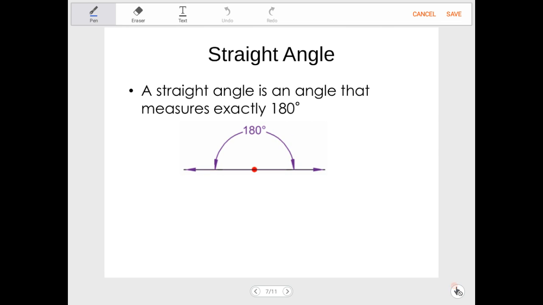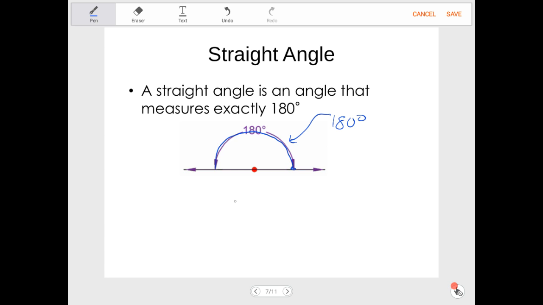Finally, if you have a perfect straight line, that is a straight angle, which is 180 degrees. I do want to point something out here though, and I know it sounds simple, but remember, this right here, if you look at this from here to here, is a semicircle, which is 180 degrees.